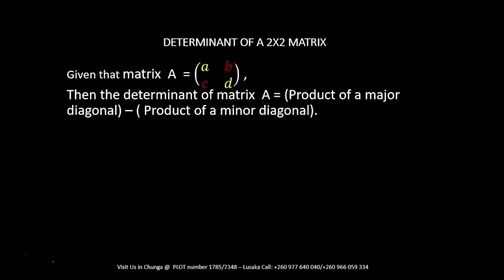and D. So if you look at those letters that are inside that matrix, these letters are being described as elements. And if you observe very well, there are 2 letters that are in yellow, and there are also 2 letters that are in red. Now, those letters that are in red are being described as the minor diagonal.